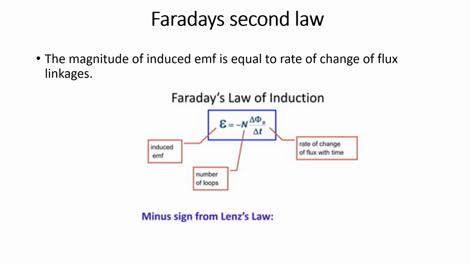It opposes the source. We don't want to go very deep here; we want to know the definition. So the second law states that the magnitude of induced EMF is equal to the rate of change of flux linkage. The equation is N delta psi divided by delta t, change in flux.